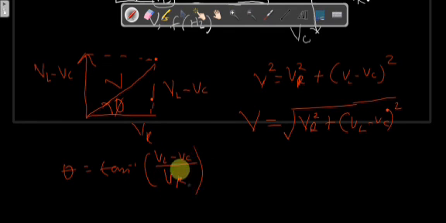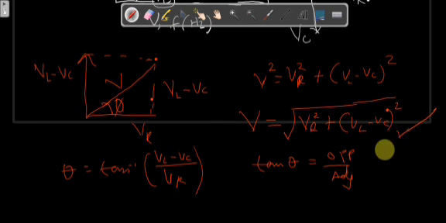This is simply tan phi equals opposite over adjacent, where the opposite is VL minus VC and the adjacent is VR. So we have the magnitude of the RMS voltage and the phase angle. This should not be theta, this should be phi.